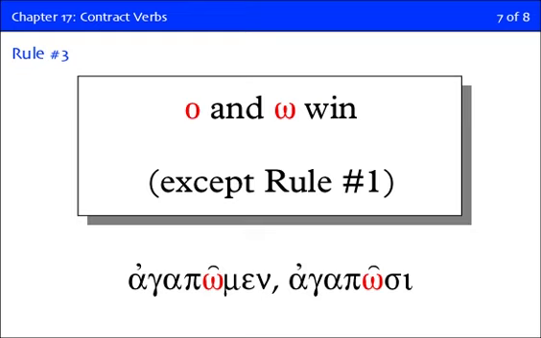So you have agapomen, and the only way you're going to know the contract vowel on this one is memory work, but it's an alpha omicron that has contracted to omega. Agaposi, you have an alpha omicron upsilon, and it's gone to an omega. So when you have omegas, they swallow up everything. When you have omicrons other than Rule 1, they go to omegas as well.